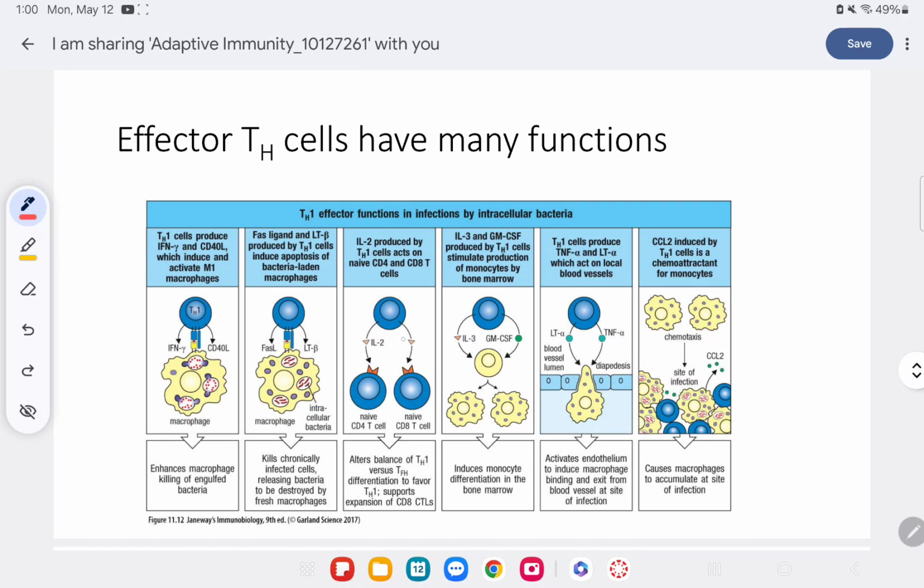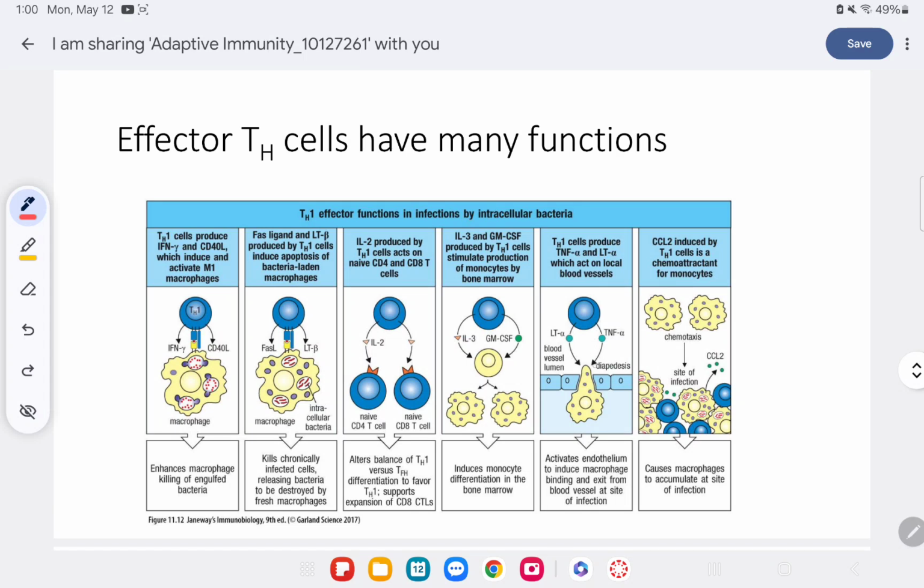So kind of flip the balance, get me some killers out here. It also tells the marrow, I need more monocytes. You know that monocytes will differentiate into either macrophages or dendritic cells. It allows more diapedesis to happen, so capillaries get leaky.